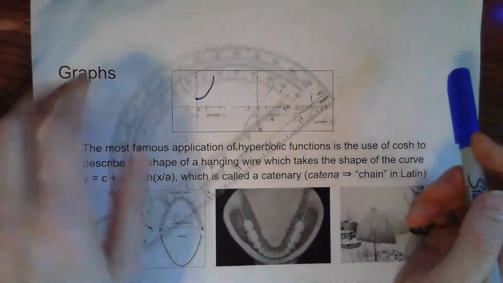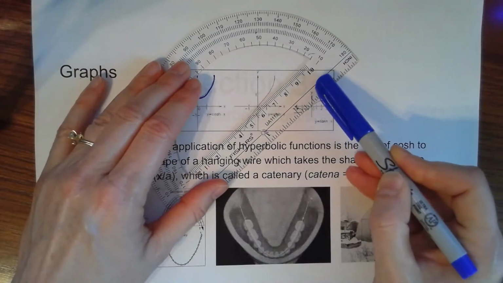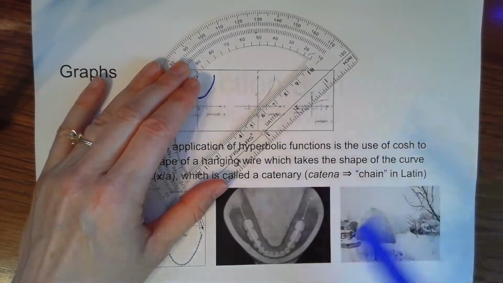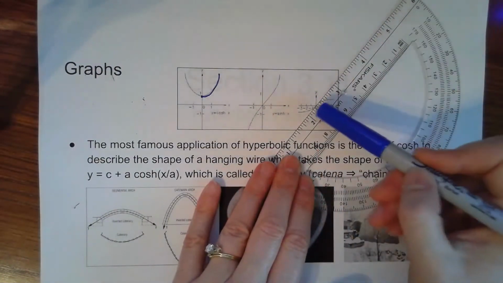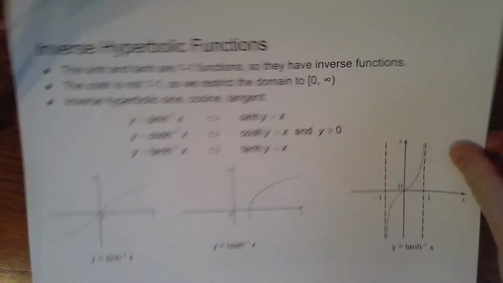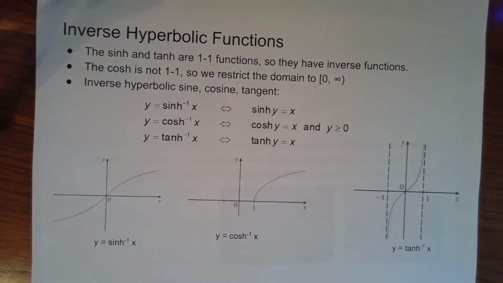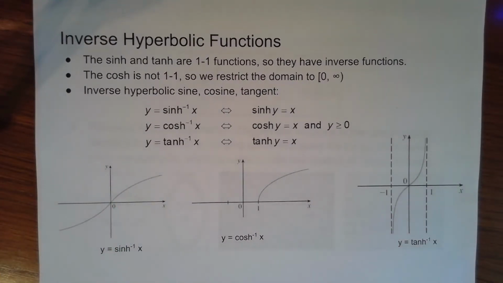And then for the tangent, again, if I put a 45-degree line in there, this one's going to come up like this, and then in the third quadrant it's going to come down like this. So that inverse hyperbolic tangent has a graph that looks like we would expect. So those are the definitions of the inverse hyperbolic functions.